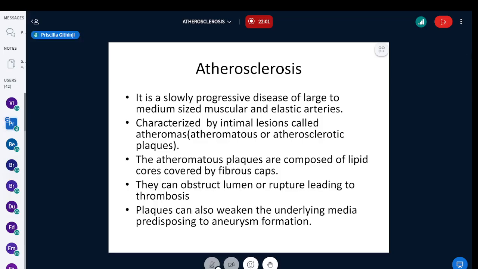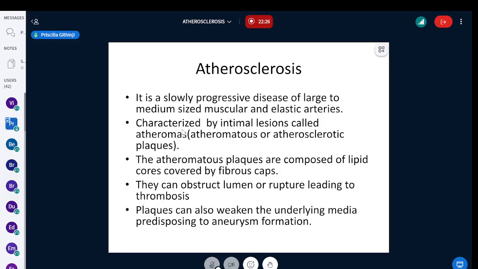Let's now discuss atherosclerosis. Atherosclerosis is a slowly progressive disease that affects large to medium-sized muscular and elastic arteries. It is characterized by intimal lesions called atheromas, hence the name atherosclerosis.